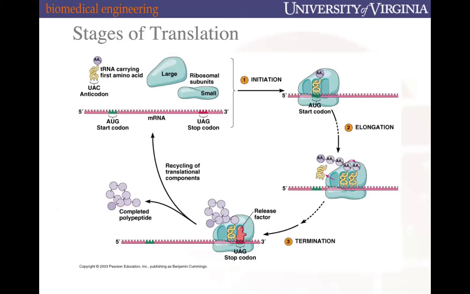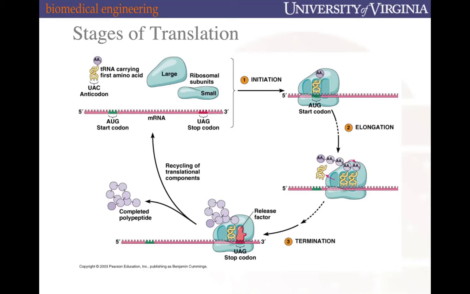So we are going to quickly look at the stages of translation from a high level big picture view, and then we'll go into each of these stages and provide a little bit more detail. Typically during translation, we have our mRNA molecule that's been transcribed and processed to form a mature RNA transcript with its 5' cap that's been spliced and has a poly-A tail.